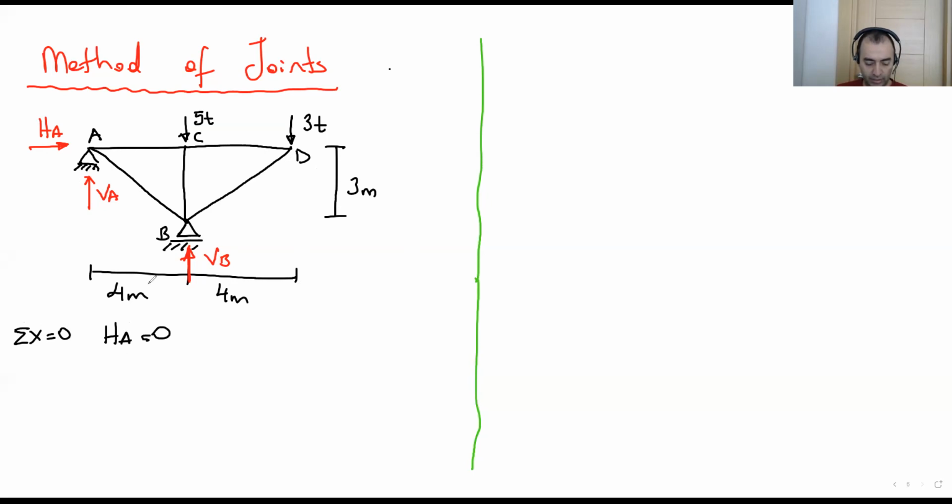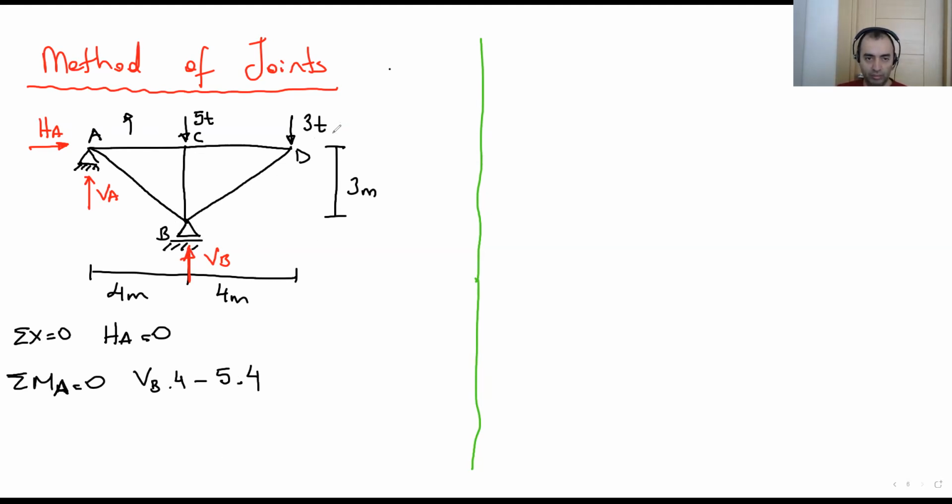Let's write the total MA equals 0. MA is this point. Let's do this calculation. Vertical B rotates the system in this direction. Let's assume that this is positive. Vertical B times 4, and the 5 ton is in negative direction, minus 5 times the distance, which is 4.